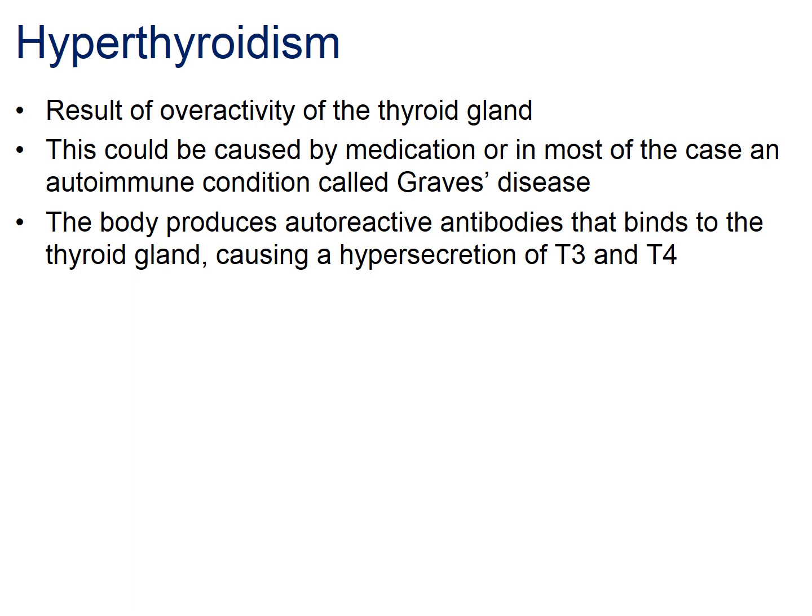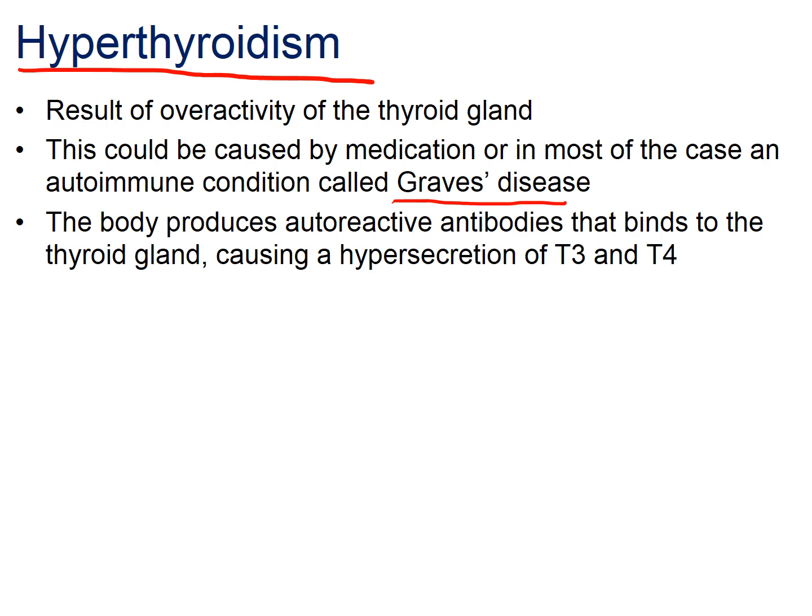So there are two ways that things can go wrong in terms of thyroid hormones. We will talk about hyperthyroidism first. There are different ways to get hyperthyroidism, but one of the most common examples is what we call Graves' disease.